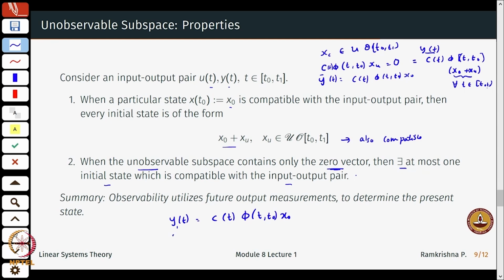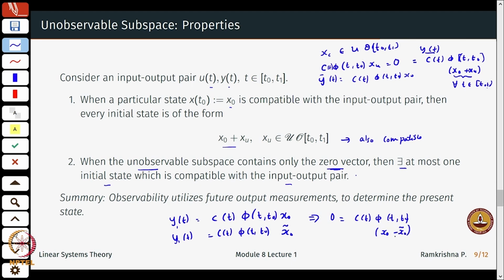Now, let me suppose that for the same y1 there exists another initial state, say x naught tilde, again coming from the C and phi. So there is the same y1 which comes from x naught, and the same y1 which comes from x naught tilde. This implies, doing the subtraction, that 0 equals C of t phi of t comma t0 times x naught minus x naught tilde.